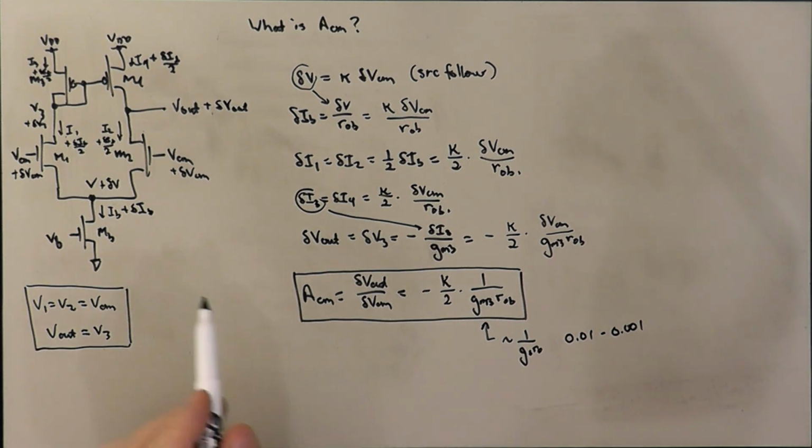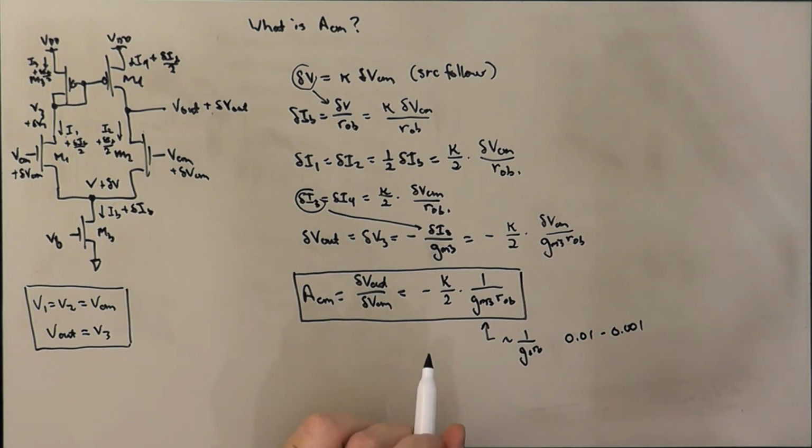So we would expect that the circuit will have a slightly negative common mode gain that's on the order of maybe 10 millivolts per volt, or maybe 1 millivolt per volt. We'd also like to get a handle on the differential mode gain and how that compares to the common mode gain. But that'll have to wait till the next segment, or maybe even the segment after that. That's going to be it for this one.